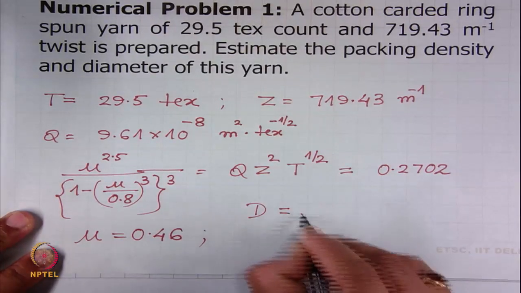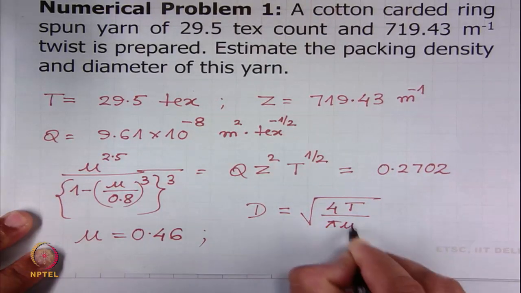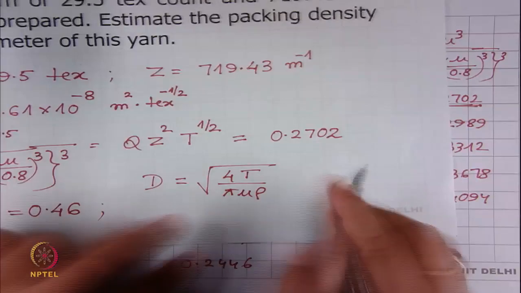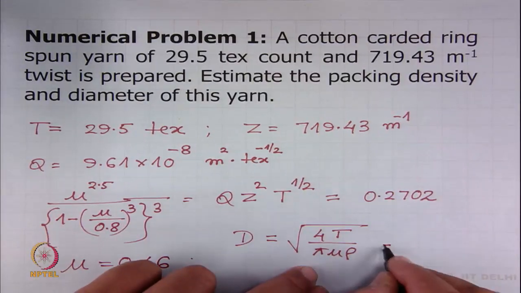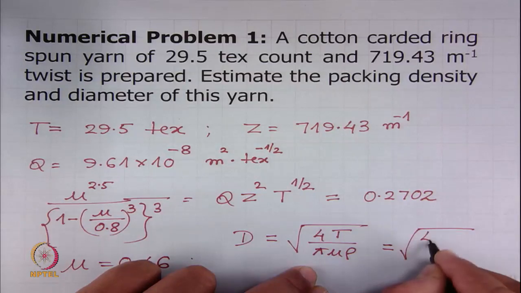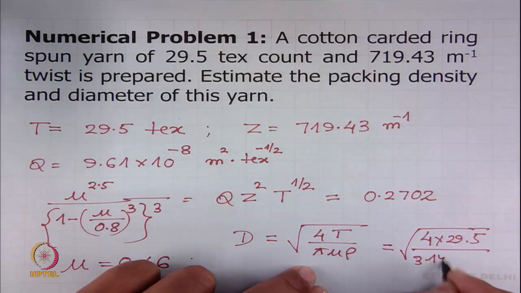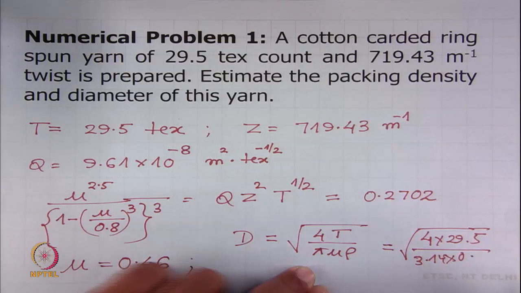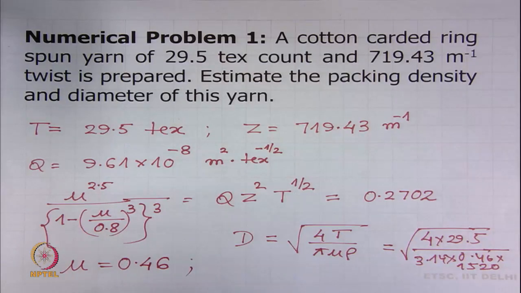Now, how will you find out diameter? Diameter is root over 4T by pi mu rho, right? So, 4 into 29.5 tex divided by 3.14 into 0.46 into 1520, right.